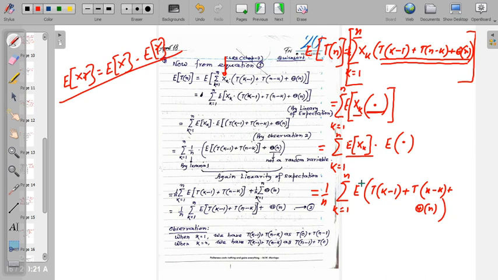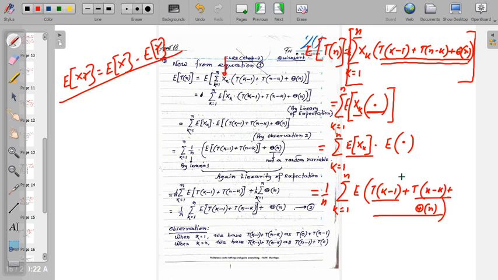Now what I can do: these are all random variables, and the combination is also a random variable. Whenever I am adding two random variables, you can think of the whole thing as a whole, and then it is also a random variable.